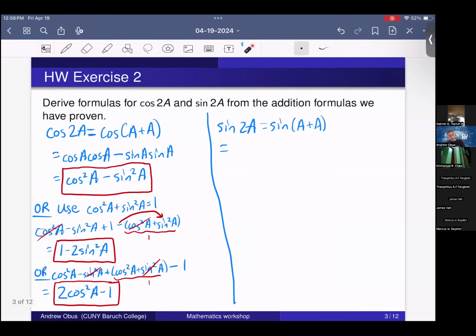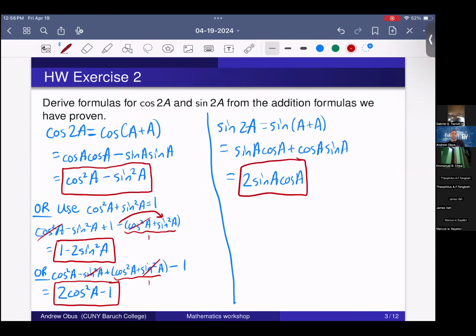So here we're going to have sine a cosine a plus cosine a sine a. But these are the same thing, so this just comes out to be 2 sine a cosine a. And for sine, this is really the only formula that you use. There's not really any better or simpler way to rewrite this.